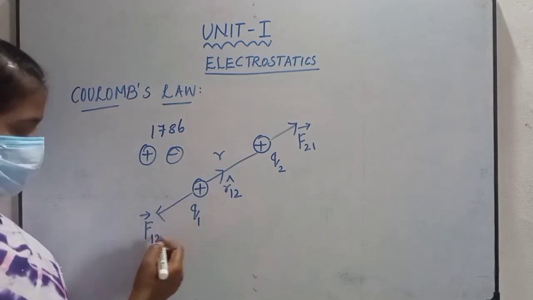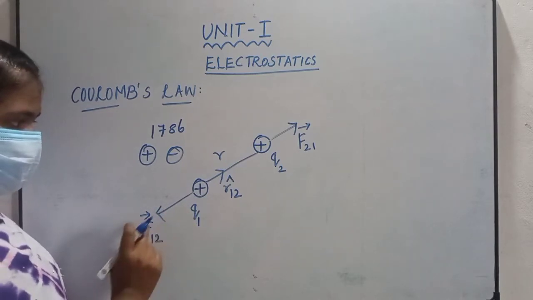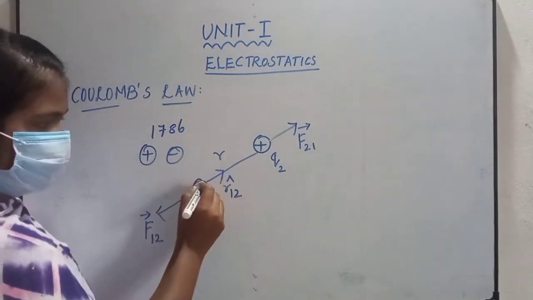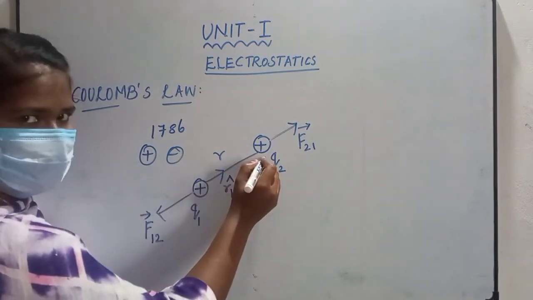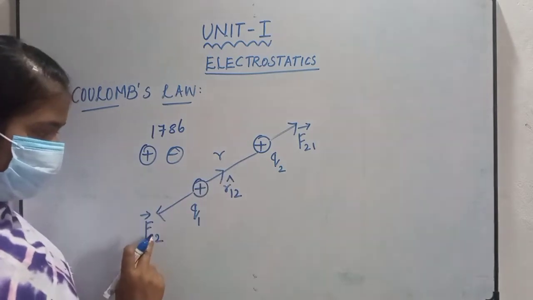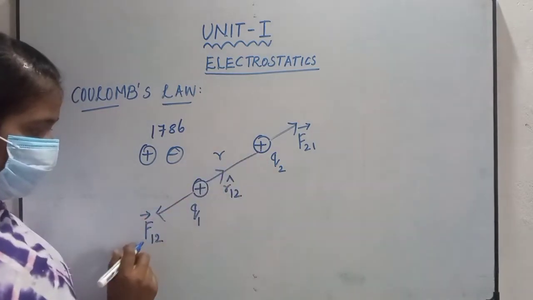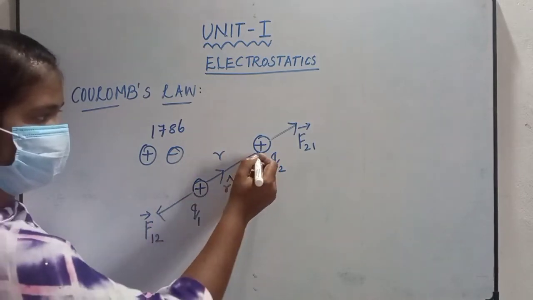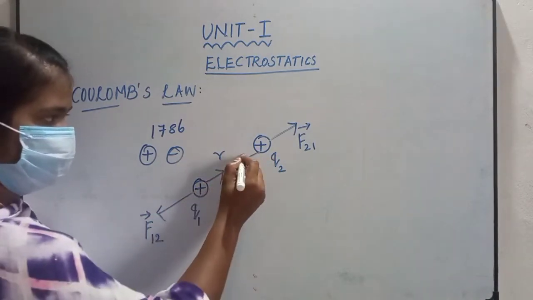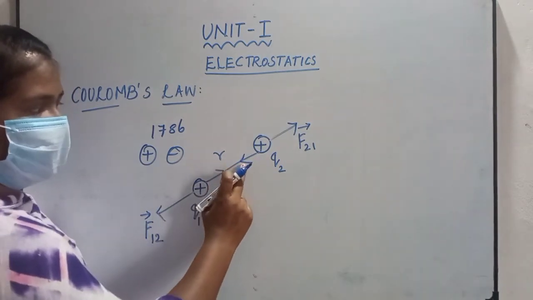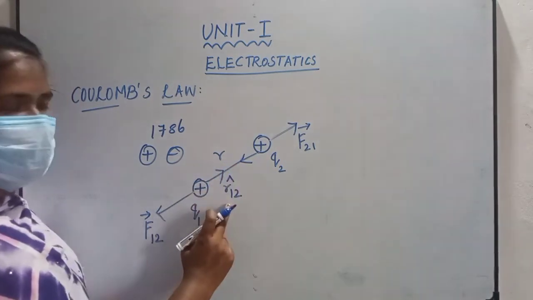And the unit vector of F12 is in the direction from Q2 to Q1, which is opposite to the direction of r12.